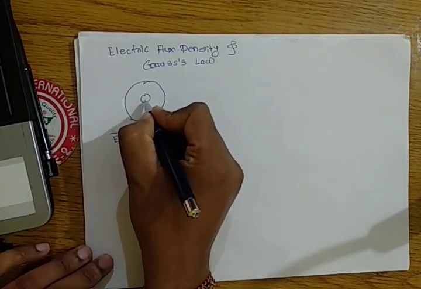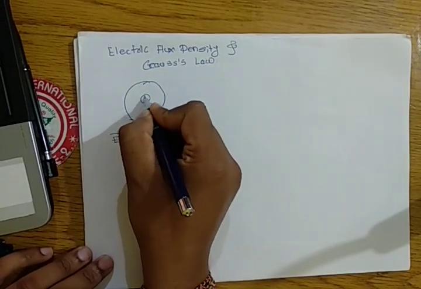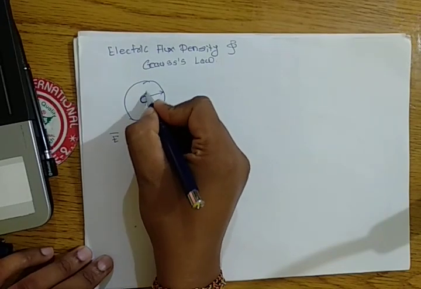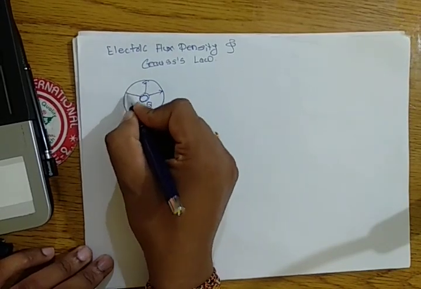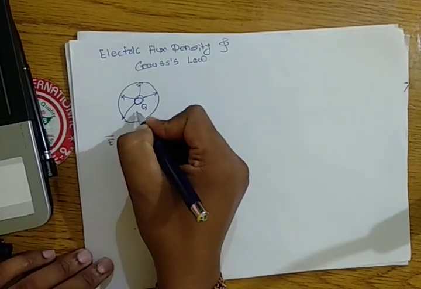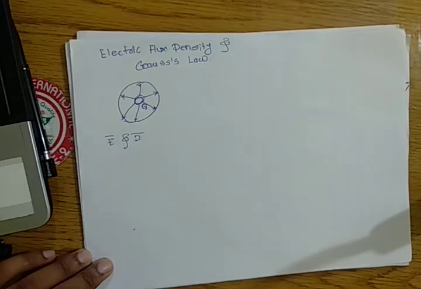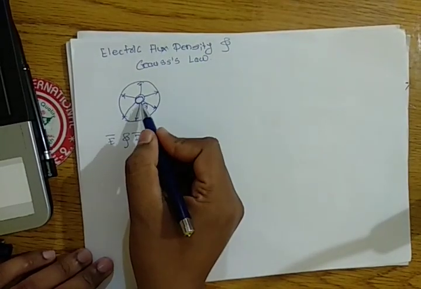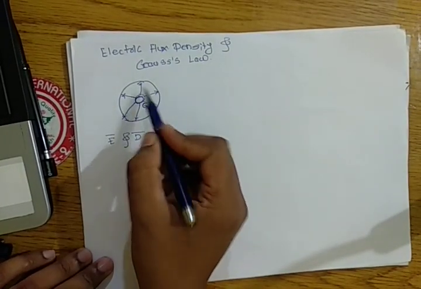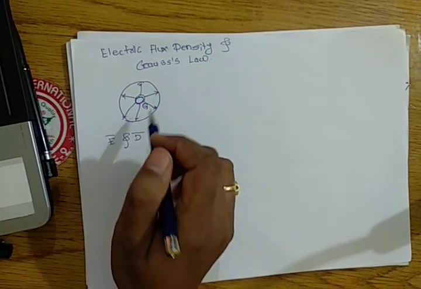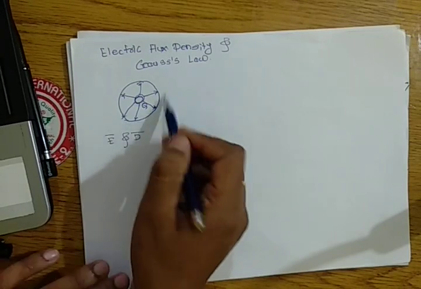Suppose there is a charge inside, and the charge is moving around and going out. After some time, when you remove the contact, these charges are available on the surface.